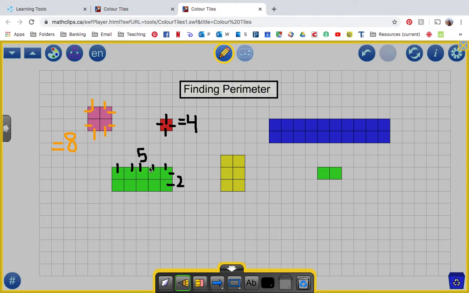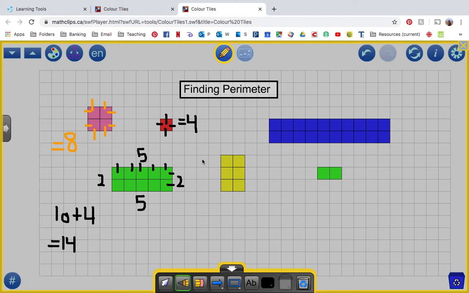So we know that if this is 5 up here, this has to be 5 down here. If this is 2 over here, this has to be 2 over here. So this way I can save myself time by not having to count the other sides, and I can add them up together and find the perimeter. So I would add 5 and 5, which would give me 10, plus 2 and 2, which would give me 4. And that would equal 14 square units.